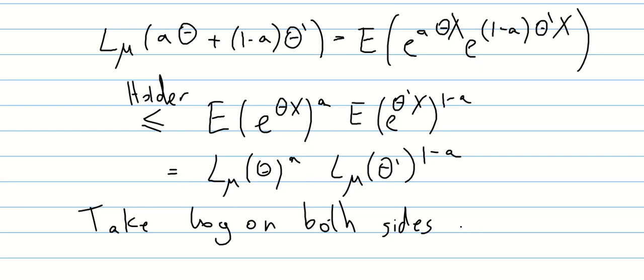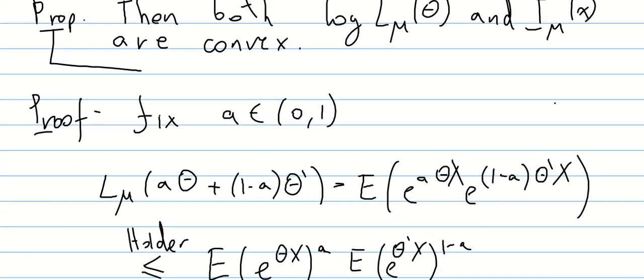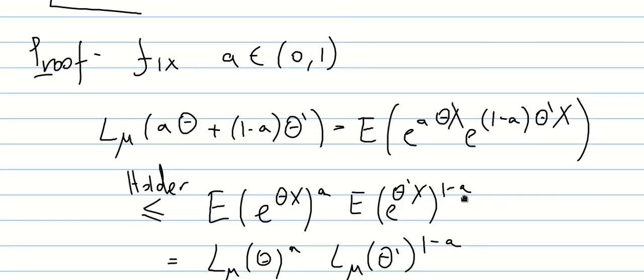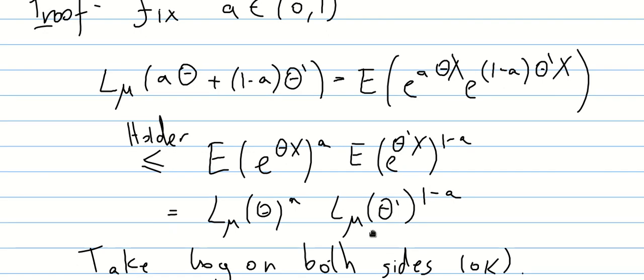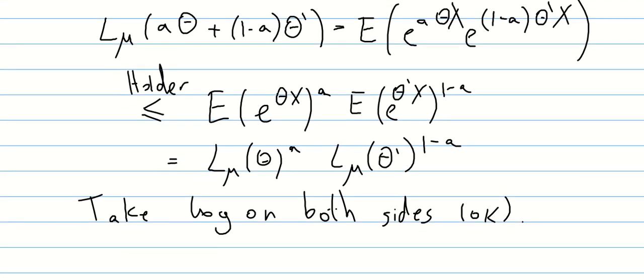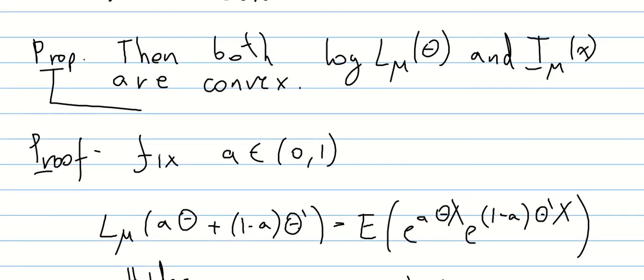So we get the result. And by the way, the convexity will hold even in the case something is infinite, and when one of these is infinite, this bound is trivial, everything becomes trivial. We are proving convexity, but just proving that something is smaller or equal than infinity. So this solves the case of the log of the Laplace transform.